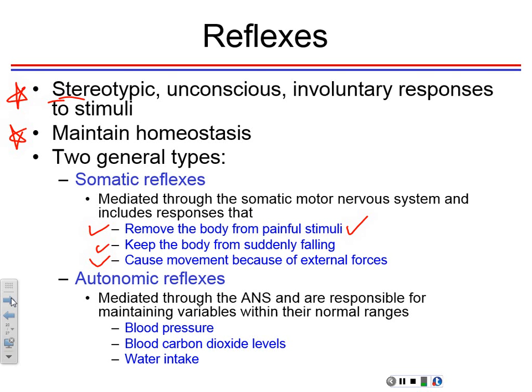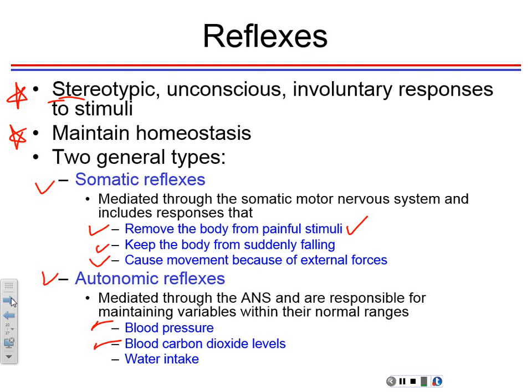Makes sense, right? And then automatic, autonomic, anything automatically controlled like the visceral, blood vessels, visceral meaning soft internal organs like the digestive system, blood vessels, the heart, all those smooth muscle. Okay, so blood pressure, carbon dioxide, smooth muscle in the respiratory system.